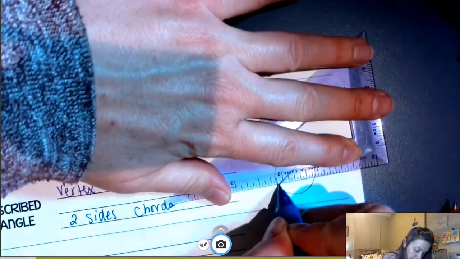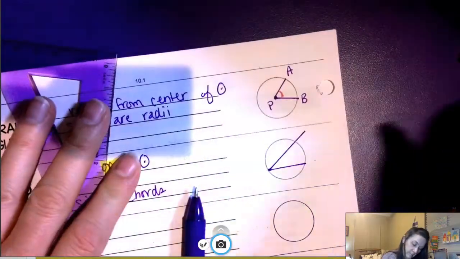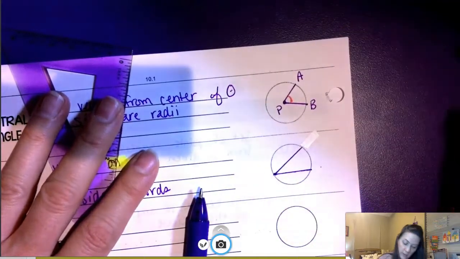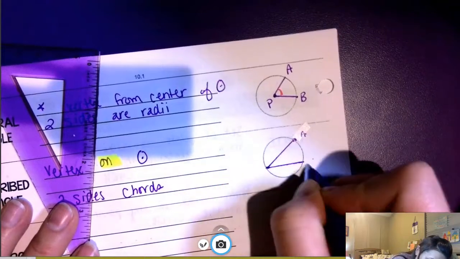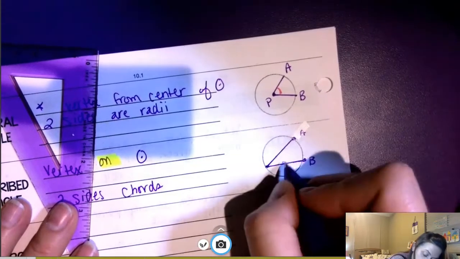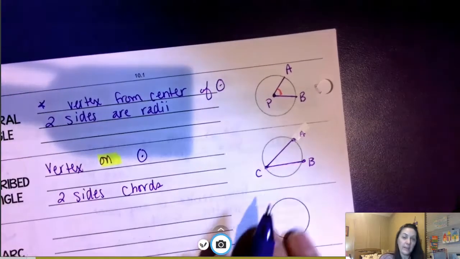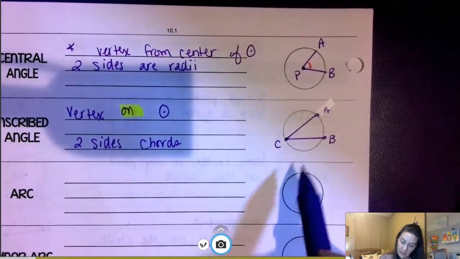It's a chord, doesn't go through. So let's say this is point A, this is point B. Now again, this isn't P, this is C, let's say. This is going to be an inscribed angle. It's inside, all the way inside the circle.